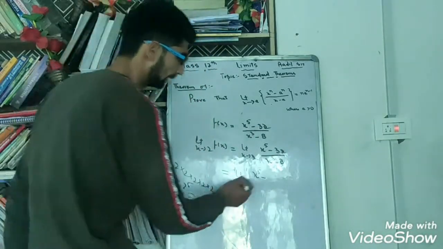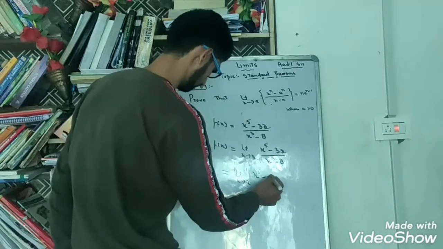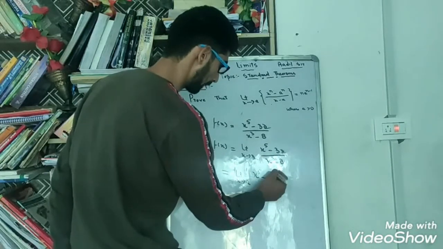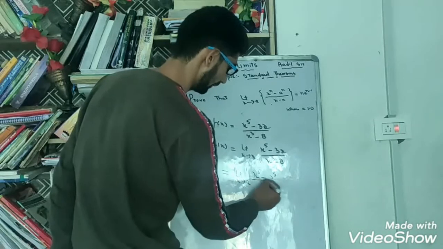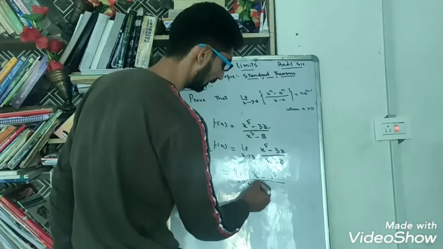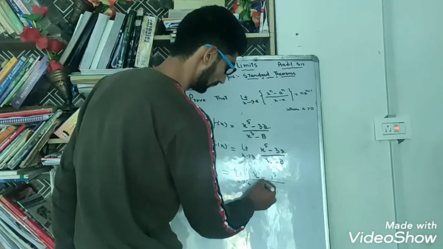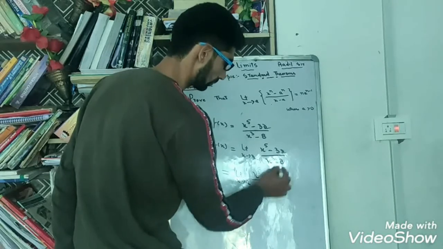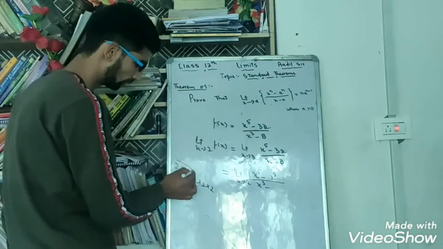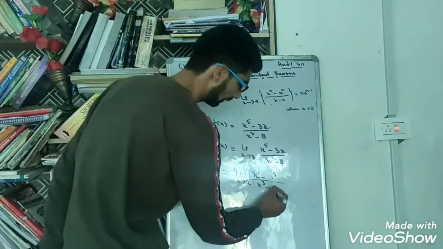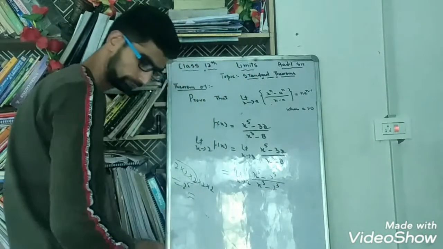So it will be (x^5 minus 2^5) divided by (x cube minus 8), and we know that 8 is equal to 2 into 2 into 2, that is 2^3.